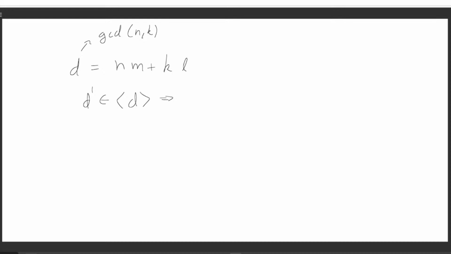D prime is equal to some A times something. Fine. K, correct? Modulo n, it goes to 0. The second term is the modulo of K.